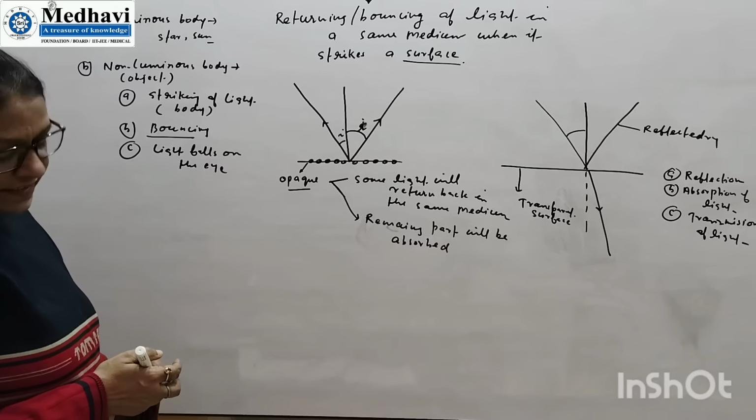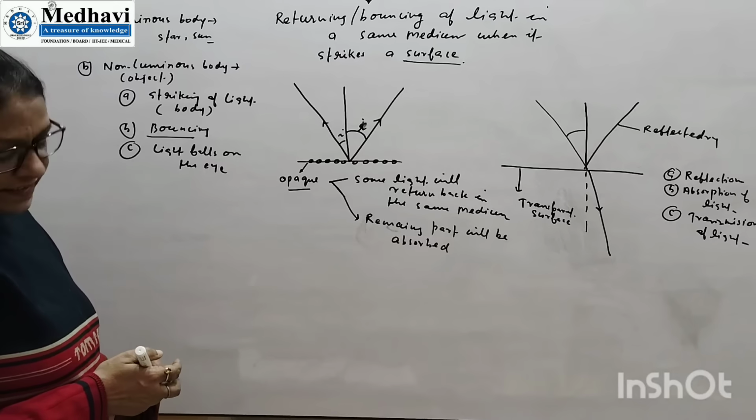If we have a transparent polished surface, a polished, silvered surface, then as much light will fall, that much light will return back in the same medium. For example, plain glass or a plain mirror.